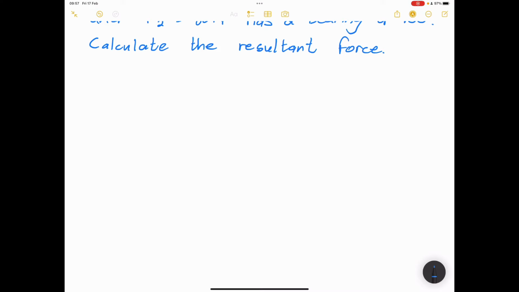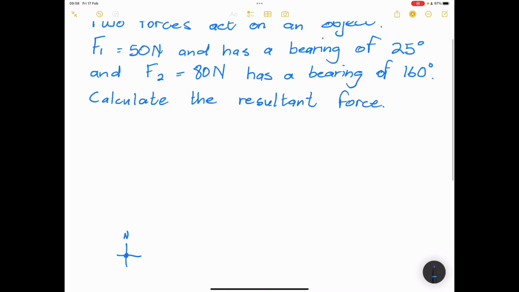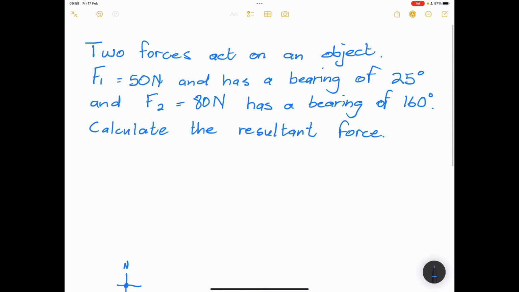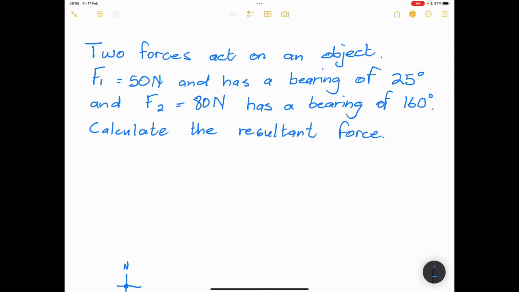So I am going to have my reference point here. I know that represents our north line. They've given us a bearing, so it means we are measuring from the north line. They tell us that F1 is 50 newtons and has a bearing of 25.